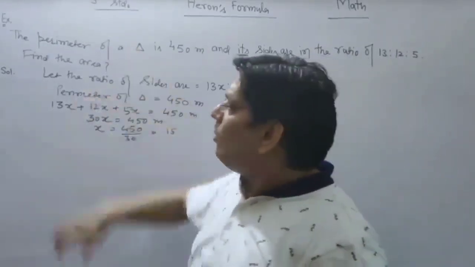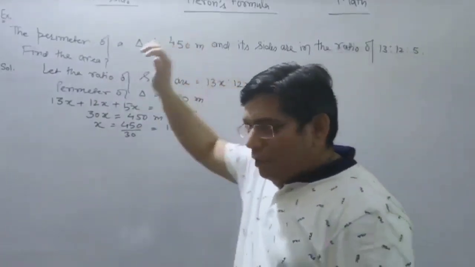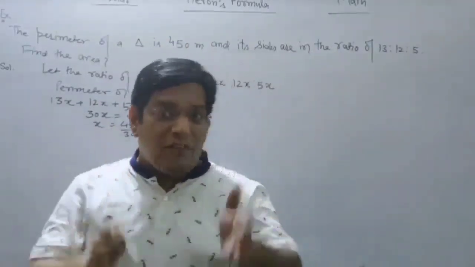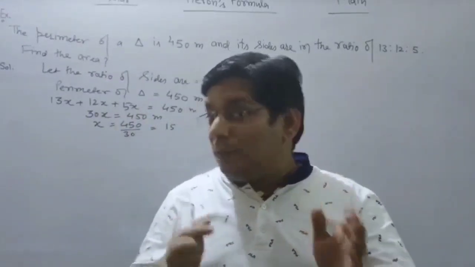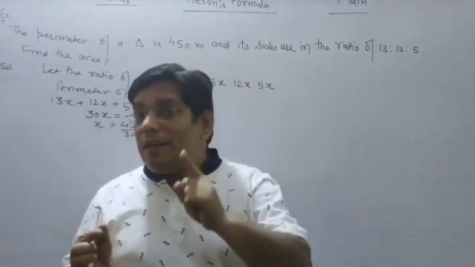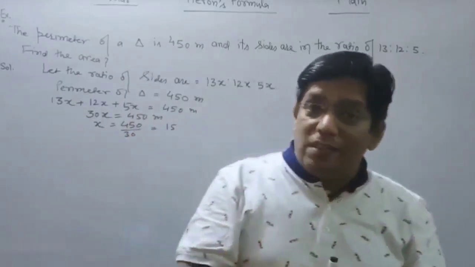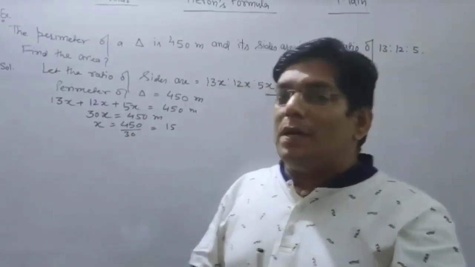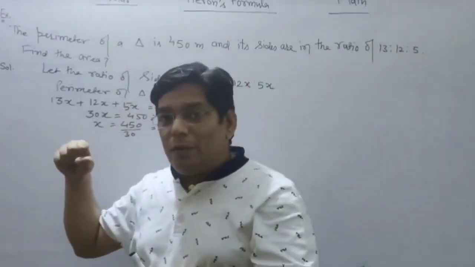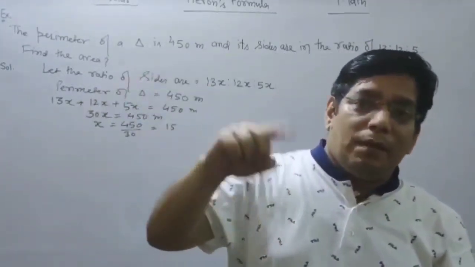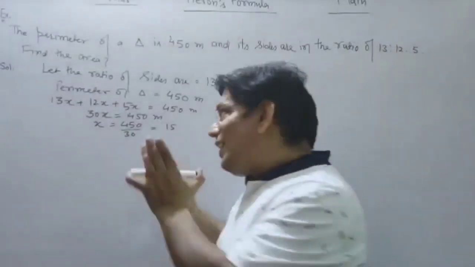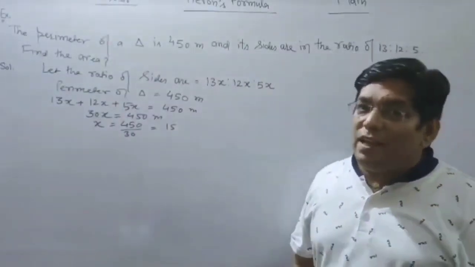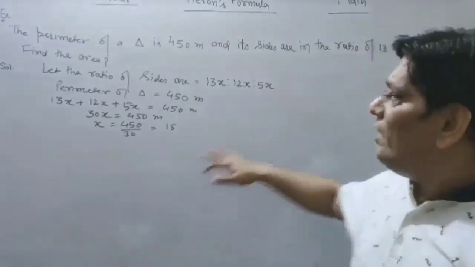The last pattern of this exercise: in that question it is clearly mentioned that the perimeter of the triangle is given, and the second thing is that the ratio of sides is also given. In the questions so far, in one pattern all three sides of the triangle were given, and in the second pattern you had two sides and the perimeter, so using that perimeter I calculated the third unknown side and after that we got the solution using Heron's formula. Now in this question no side is given; apart from that, the ratio is mentioned.